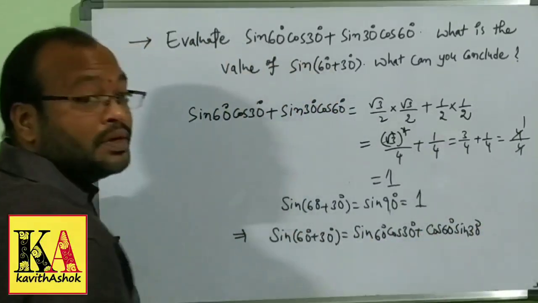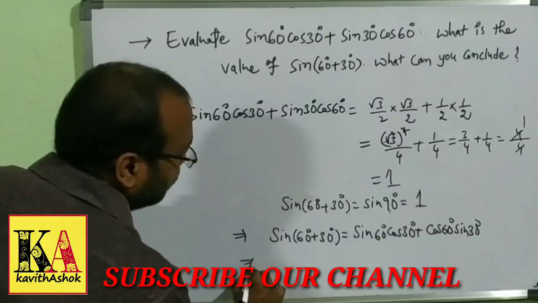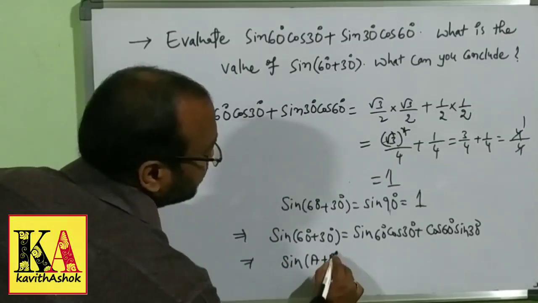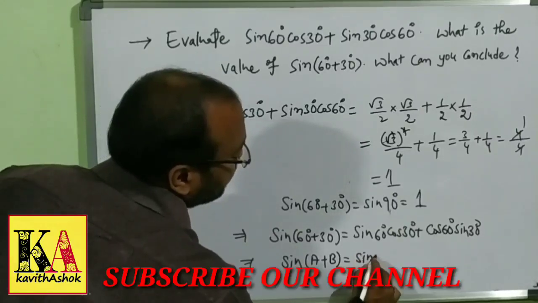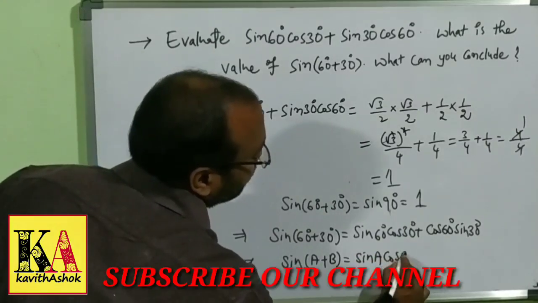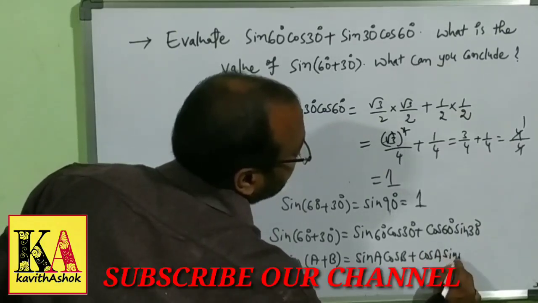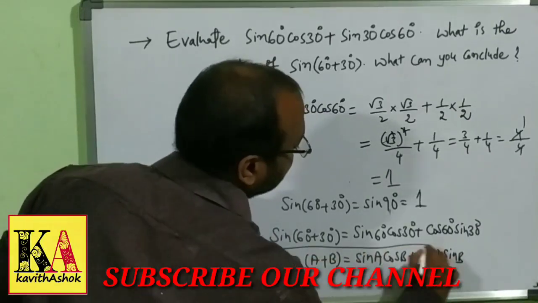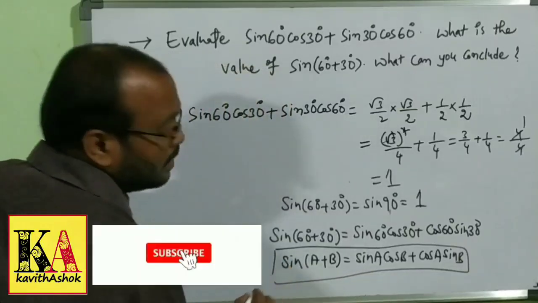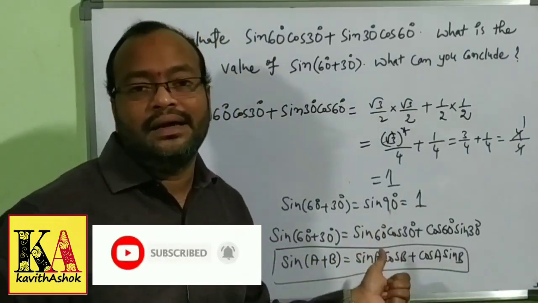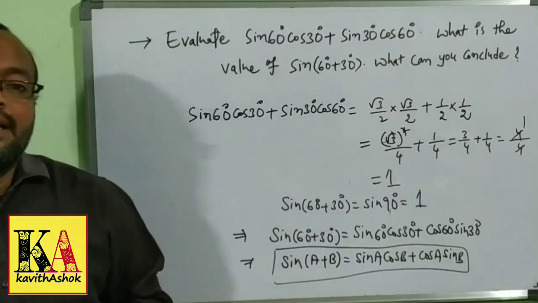These two are the same. So we can conclude the formula: sin of A plus B is equal to sin A cos B plus cos A sin B. This is the compound angle concept. In the intermediate we will look at this one. We just verified whether these two are equal or not at the 10th class level. Thank you very much.